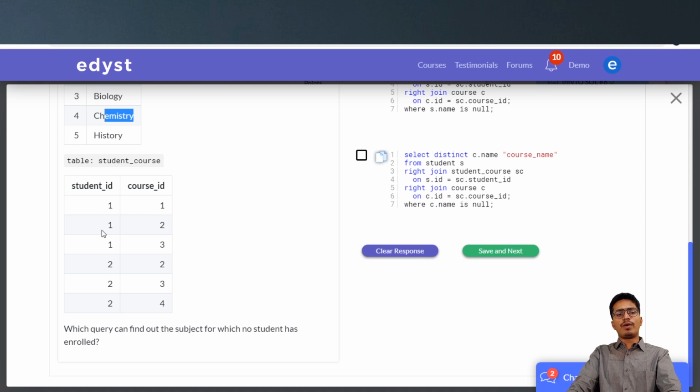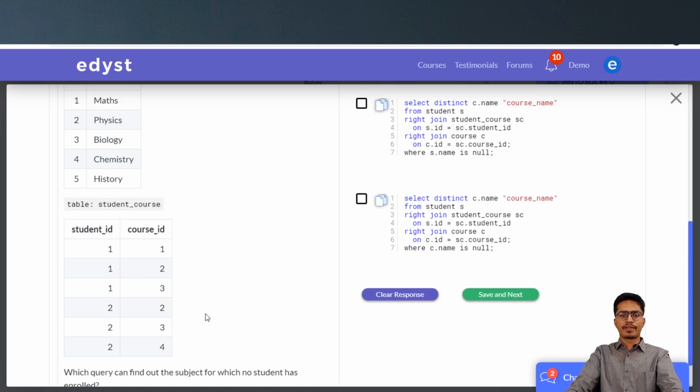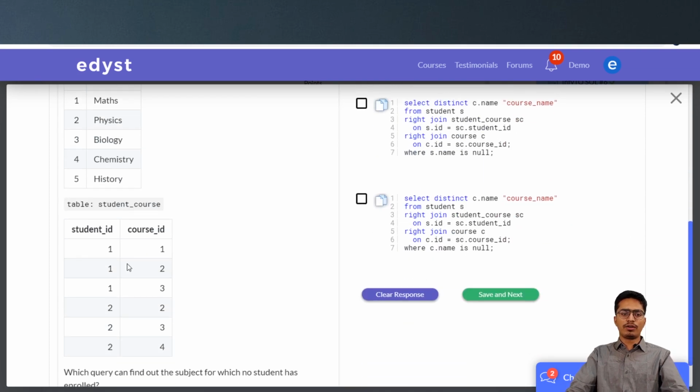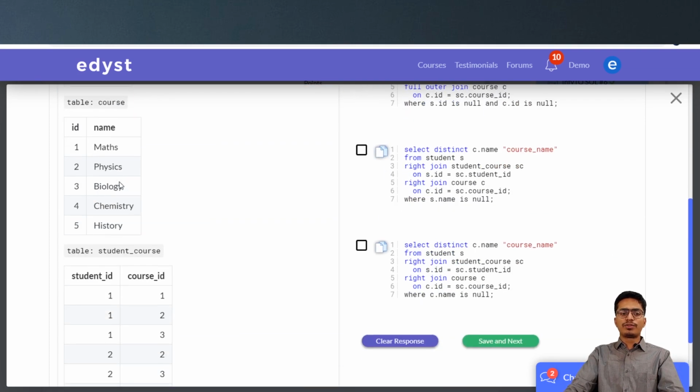Once you form a mental picture of what these tables are and how they relate to each other, it's only after that that you want to start answering these questions. So we're trying to see which query can find the course for which no student has enrolled. Remember, if you want to join all of these 3 tables together, what's going to happen?